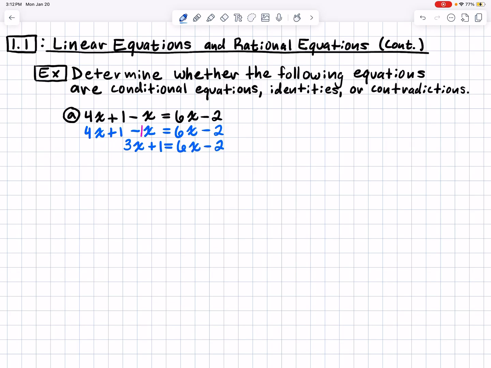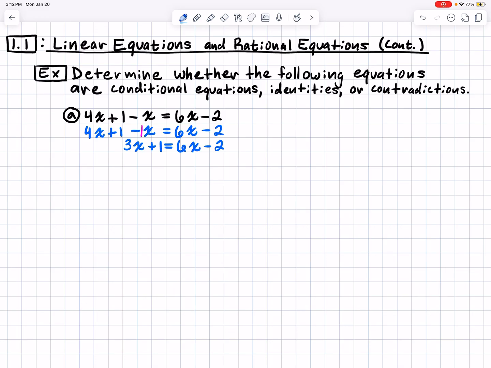All right, now I'm going to want to get all of my x's to one side. So you can either do this by subtracting 6x from both sides, or by subtracting 3x from both sides. I'm going to subtract 3x from both sides to avoid getting a negative number.